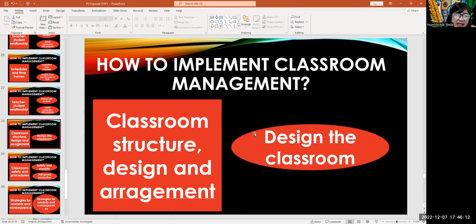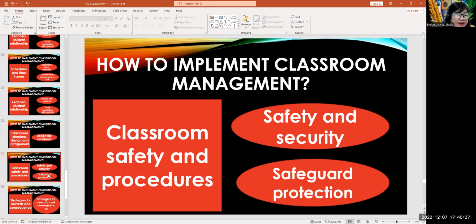There should be a physical atmosphere of the classroom which can help prevent behavior issues as well as promote and improve learning. That is classroom structure and design.